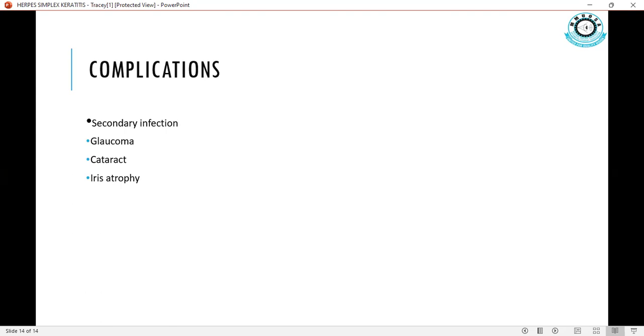Then we'll also have glaucoma. Glaucoma also can be a complication of this. As you had seen, like in endothelial keratitis, there might be a risk of high IOPs, and as long as the IOPs are high, there is risk for glaucoma.